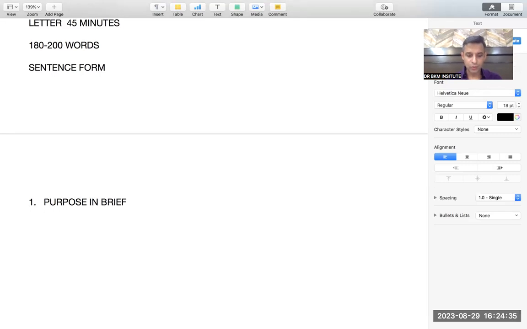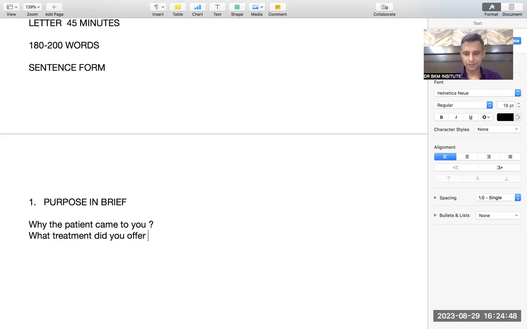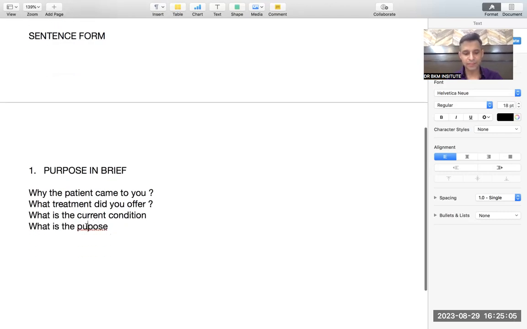You write why the patient came to you, what treatment you offered, what the current condition is, and what the purpose is, which is the main part of this letter. That is how you write the first paragraph.